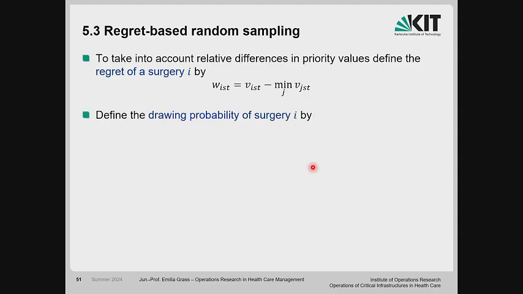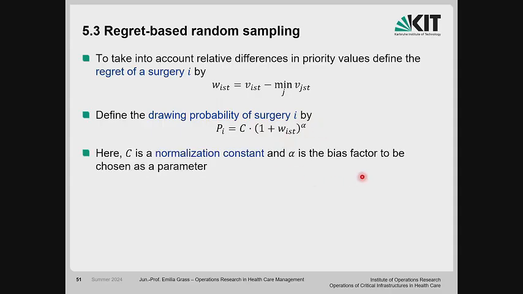And the drawing probability is then defined by the product of C, some kind of constant, multiplied by 1 plus this regret to the power of alpha, and alpha is a bias factor, so the higher alpha, the more I penalize the regret.